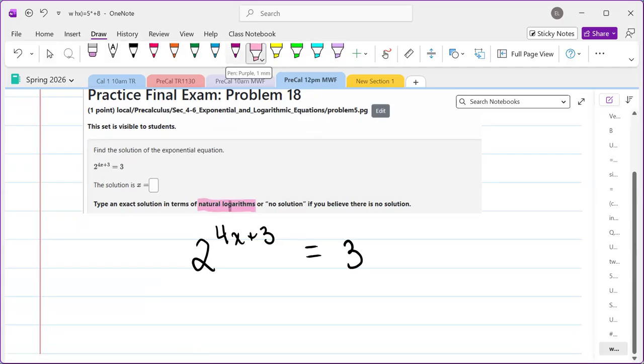The directions, when they say natural logs like that, that means the log that we want to apply to both sides of the equation is the natural log. Technically, we could use any log here. We could even use log base 2 or log base 3, but webwork is only programmed to understand the answer in terms of natural log.